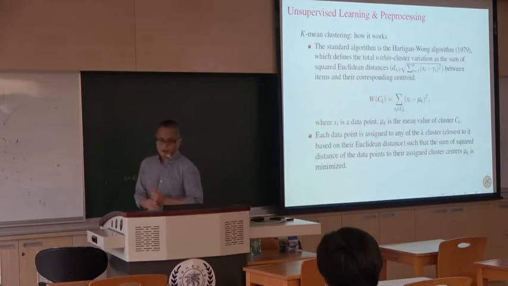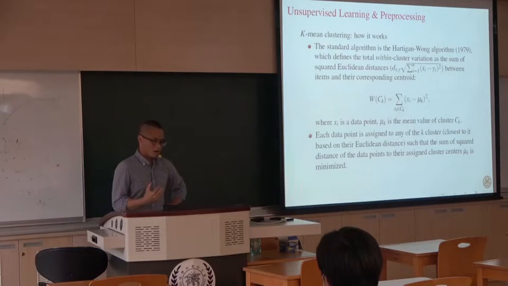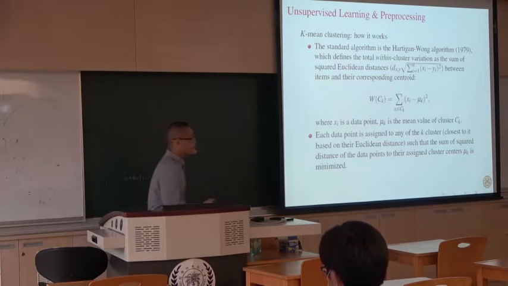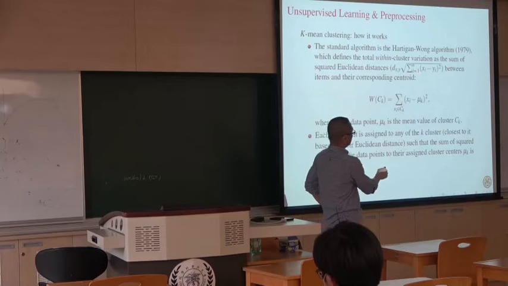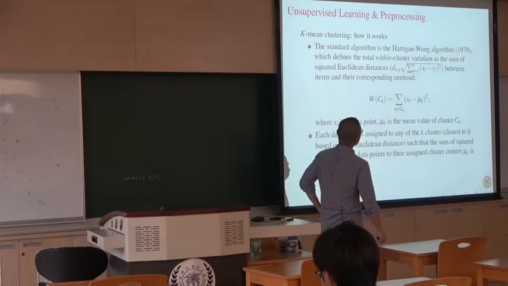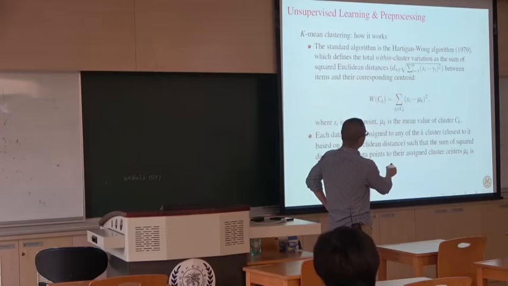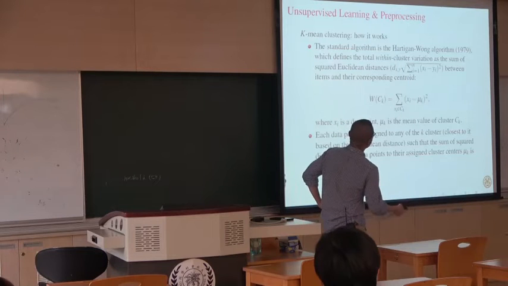But anyway, the algorithm, we call it the Lloyd algorithm. We define it using the metric that you should be familiar with right now. You seek to minimize the within-cluster variation as the sum of squared Euclidean distances between any 2 points.